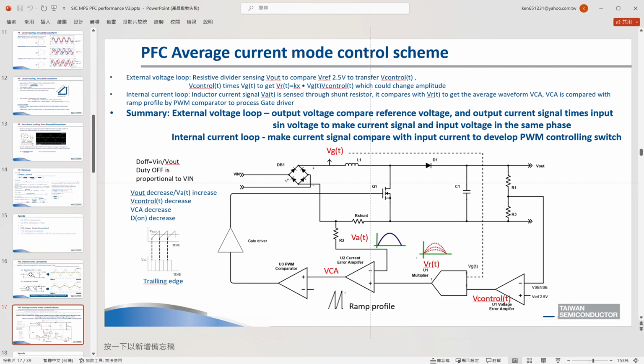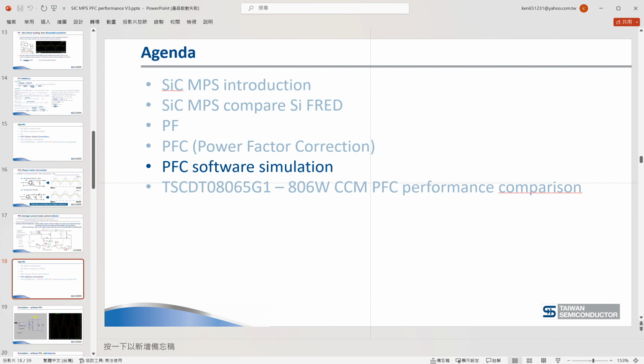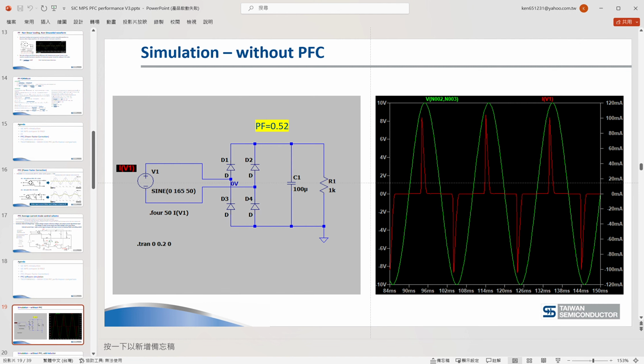So, in order to let you know clearly how the PFC operates, I will use software to illustrate how it works and the evolution of the PFC. This is a PFC software simulation. We use a bridge here, and the load is a capacitor and a resistance.